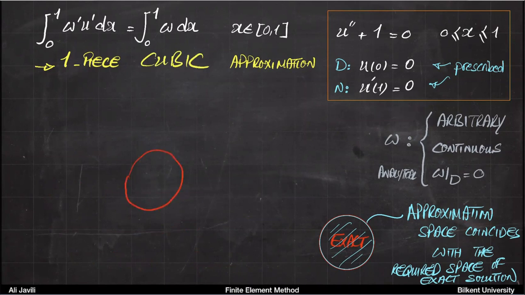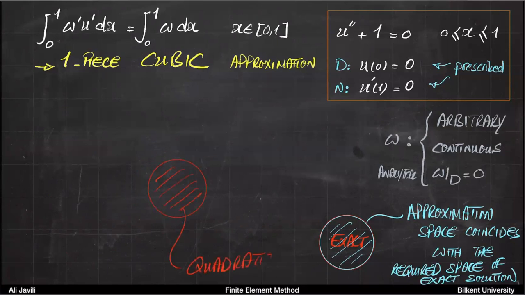It feels that you need a quadratic space for your exact solution. So let's call this a quadratic space. Now, if your approximation is cubic, it would be even larger.